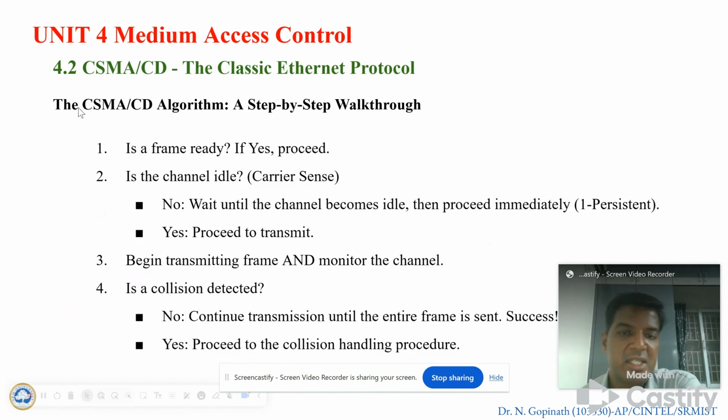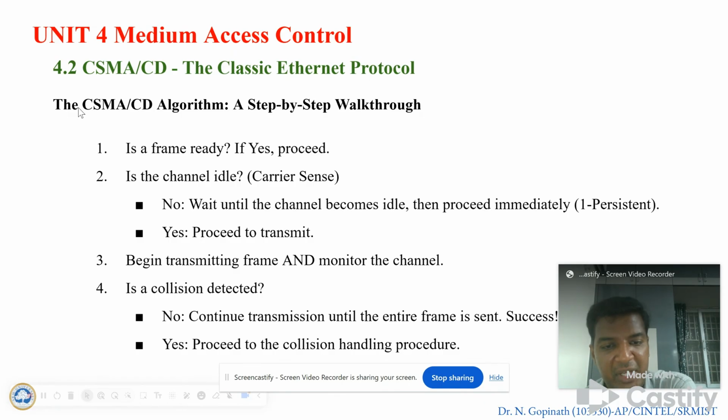Okay, here is a step-by-step walkthrough. Step 1. Is a frame ready? If yes, proceed. Is the channel idle? That is carrier sense. If it is no, wait until the channel becomes idle, then proceed immediately. If the result is yes, proceed to transmit.